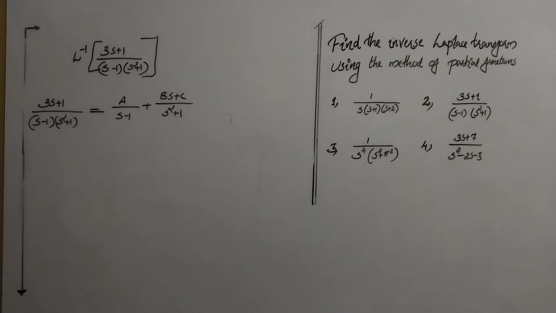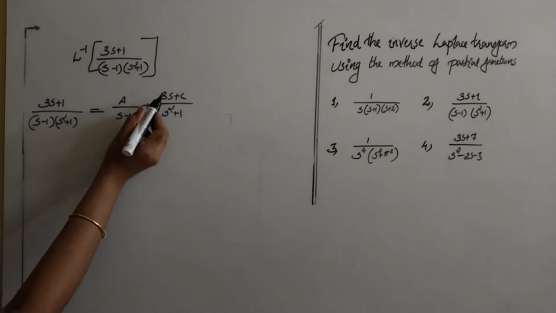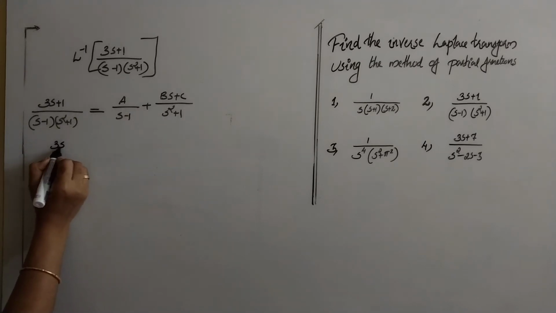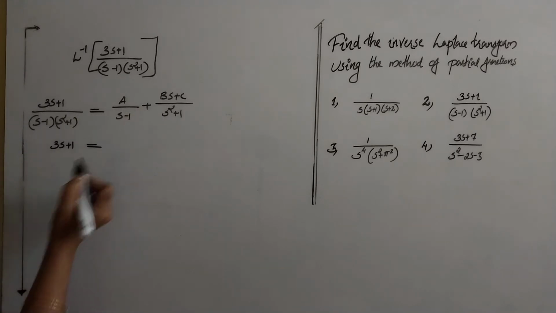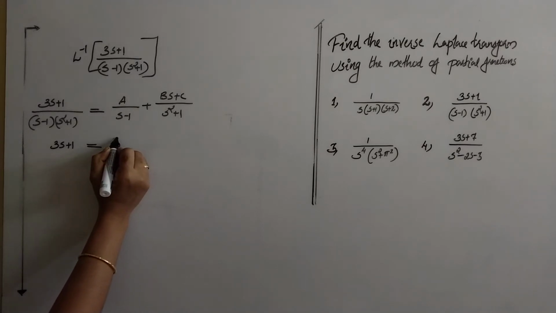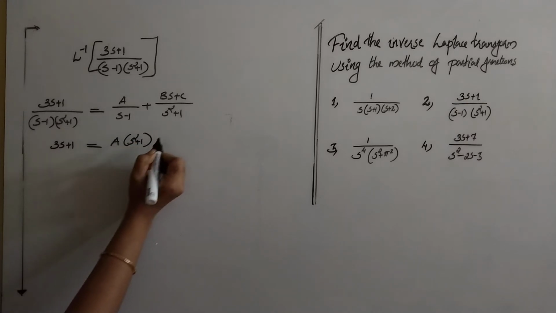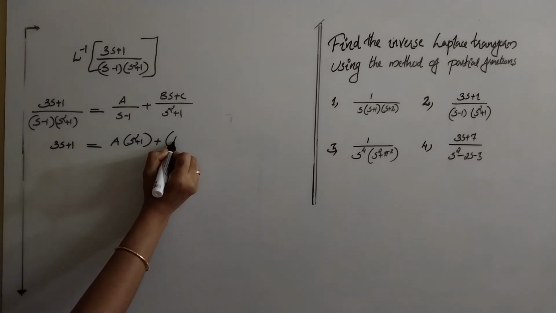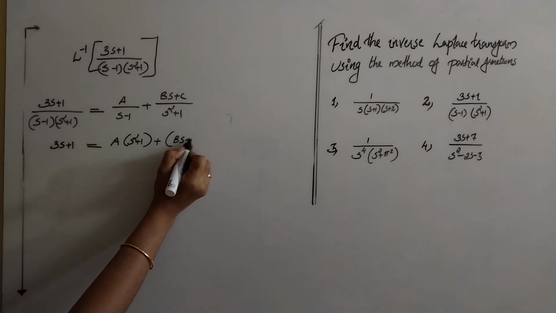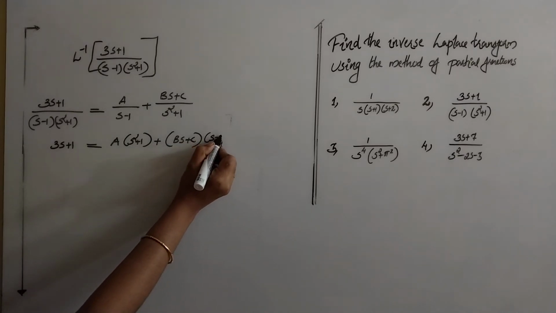So to equate the numerator, just cross multiply. Then we get 3s plus 1 is equal to a into s square plus 1 plus bs plus c into s minus 1.